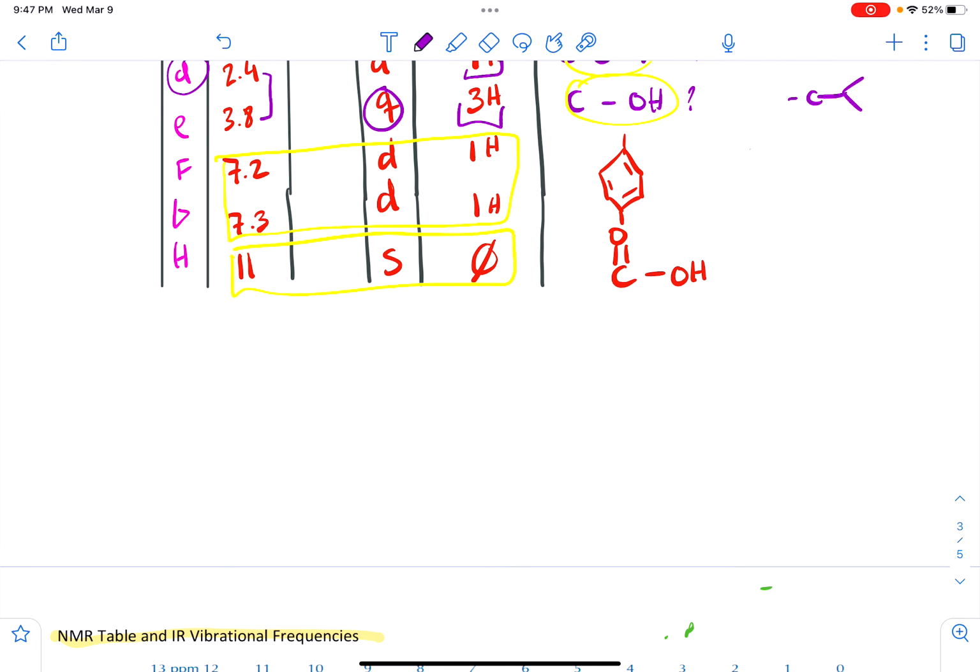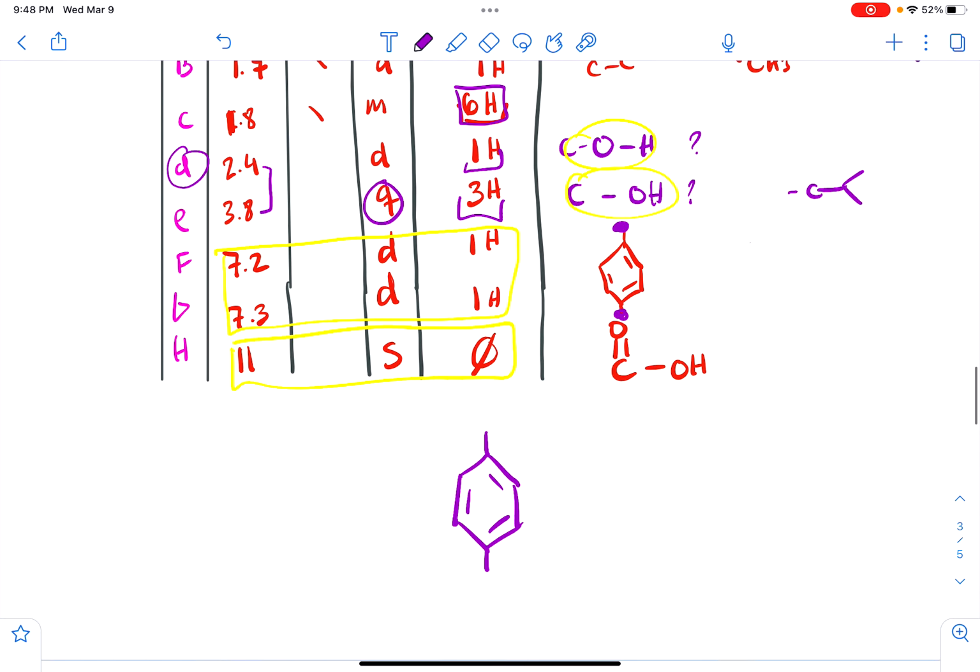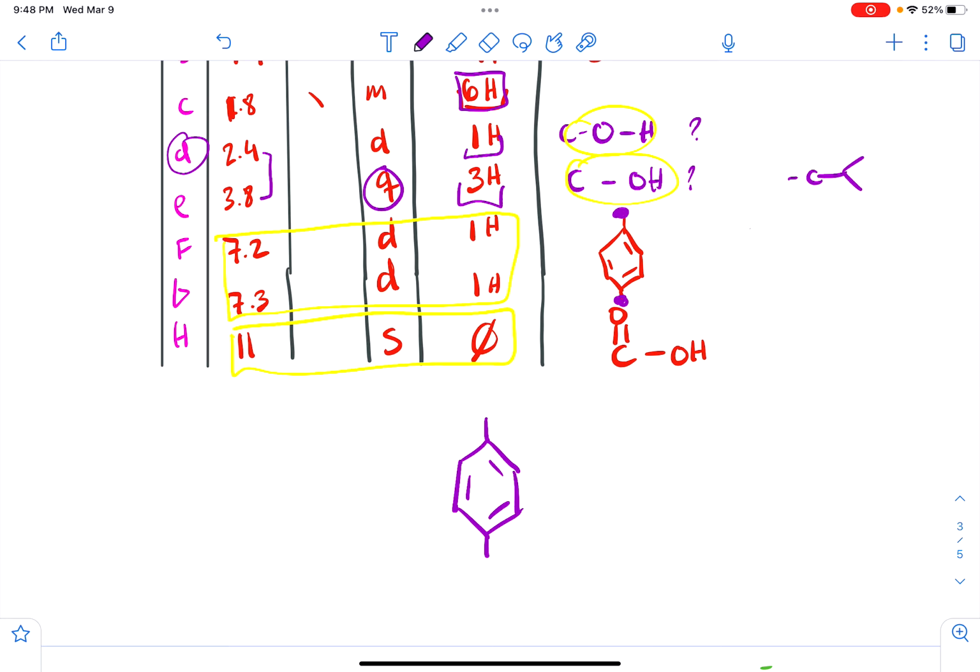I'm going to start with my parabenzene because, as you can see, it's got those 2 groups. So I'm going to draw this parabenzene here with those 2 groups, and then I know that my parabenzene attaches to my carboxylic acid because of their proximity on the spectrum.